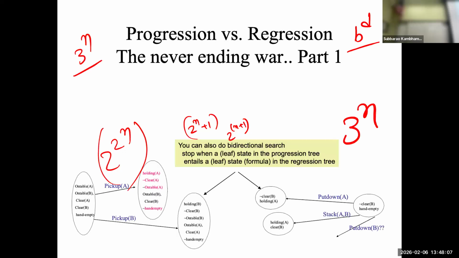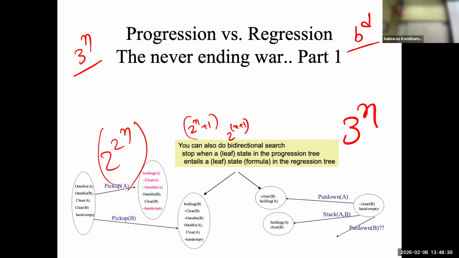Okay. So again, ignore the handwritten marks. I should remove them. But anyway, we talked last time about progression, regression, and the search part of it. Essentially, from the search perspective, progression has a higher branching factor and regression has a lower branching factor.